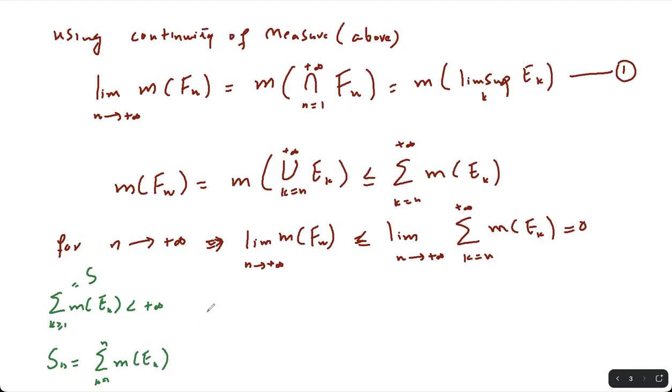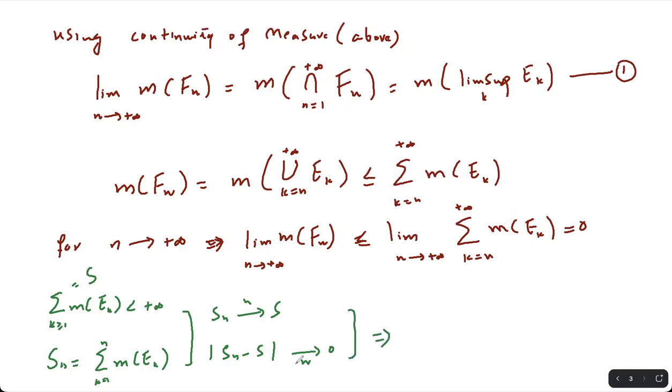As your Sn converges to S for n approaching infinity, you can see that Sn minus S approaches 0 as n approaches infinity. What does that mean?